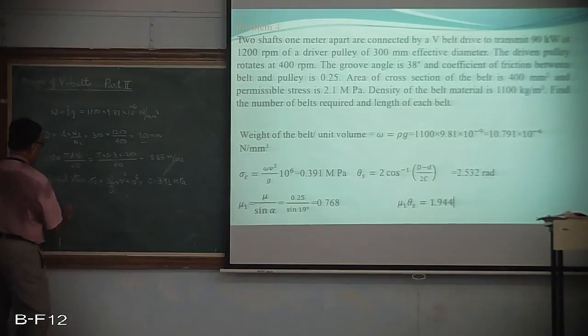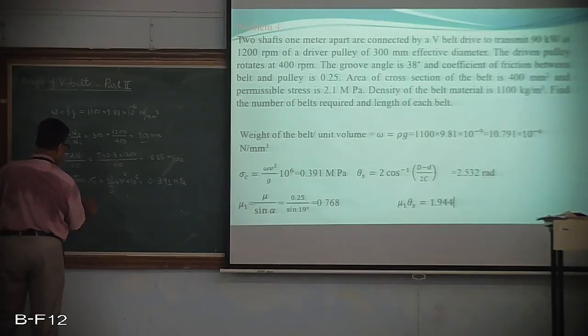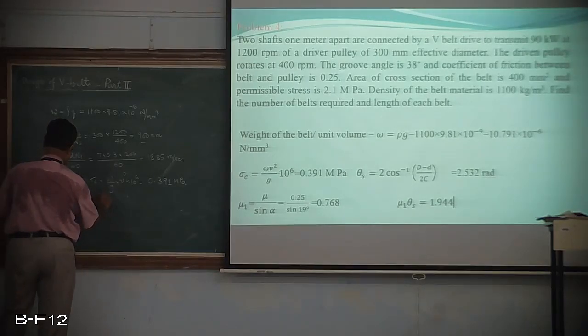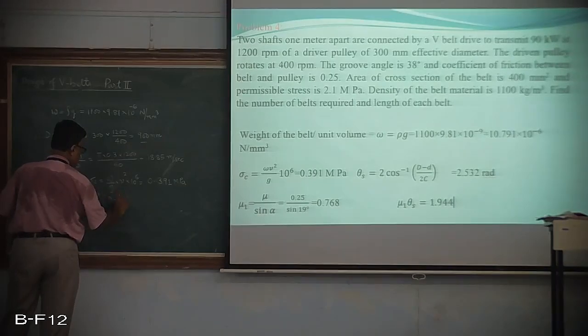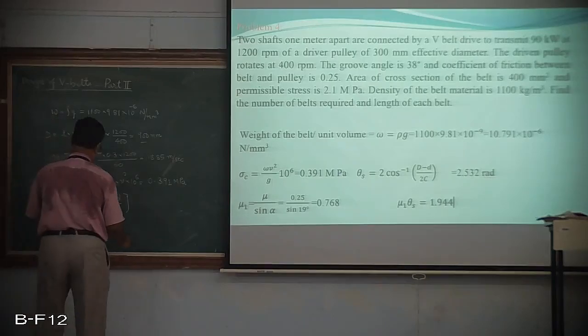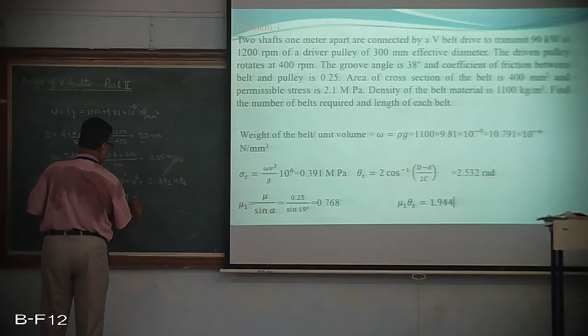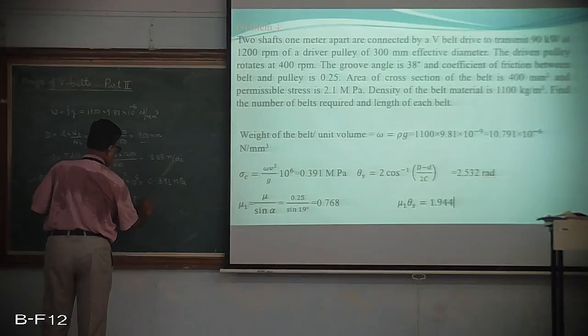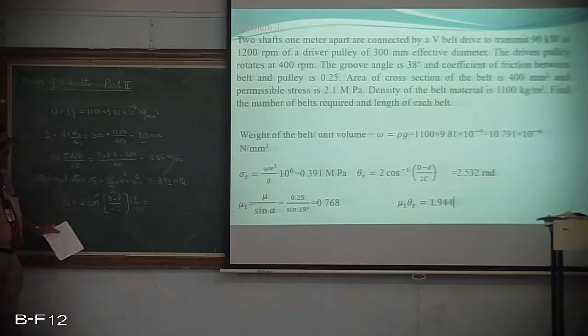Then you find out the angle of contact for the smaller pulley, which is given by 2 cos inverse of (D minus d) upon 2C. This will give you the answer in degrees. If you multiply by pi by 180, you directly get it in radians.